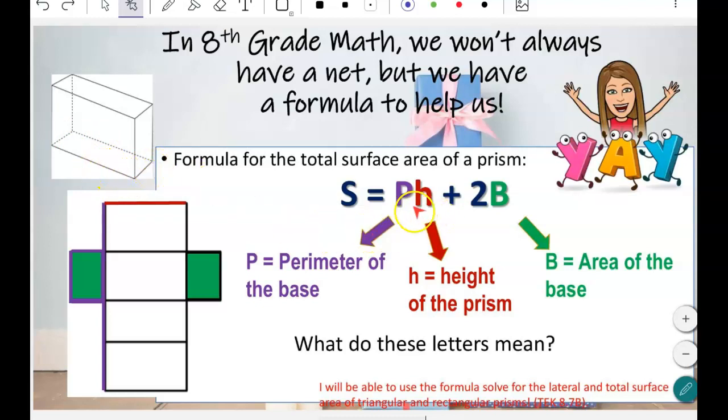So that's what the P is. The height would be how tall is the prism. So the height. And then the B over here is the area of the base. So you would find the area of this rectangle and you do 2 times the base. Add those together and that gives you the total surface area.